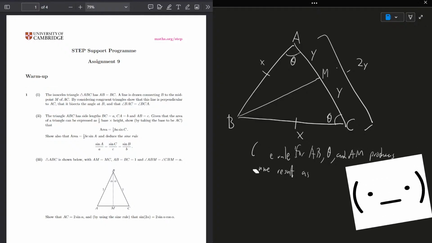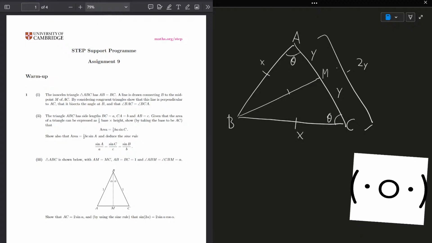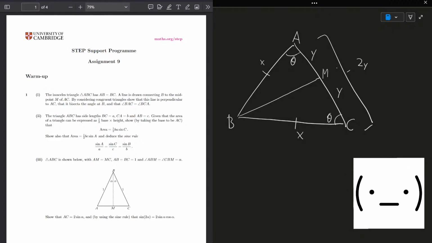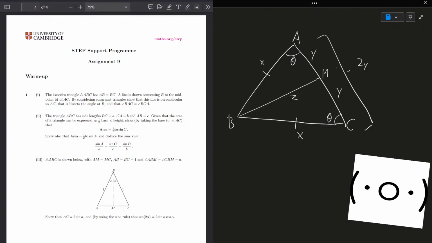We can just say this is the same point, can't we? We need to show that this line is perpendicular. How do you do that?